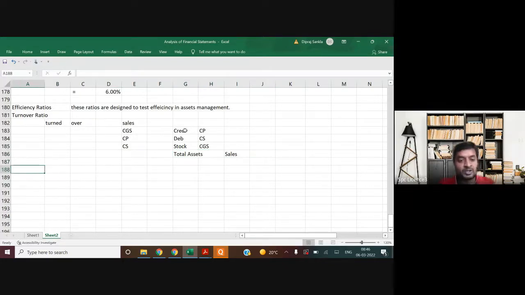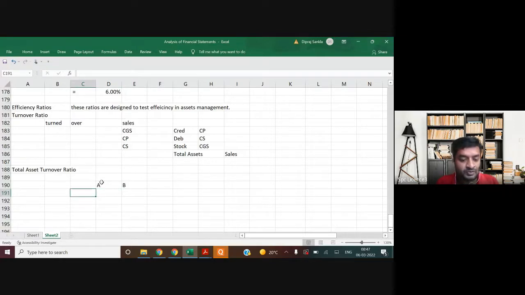I'll begin with the total asset turnover ratio. Okay, now there are two companies, A company and B company.